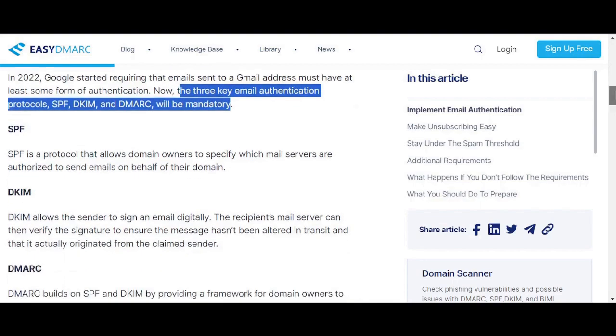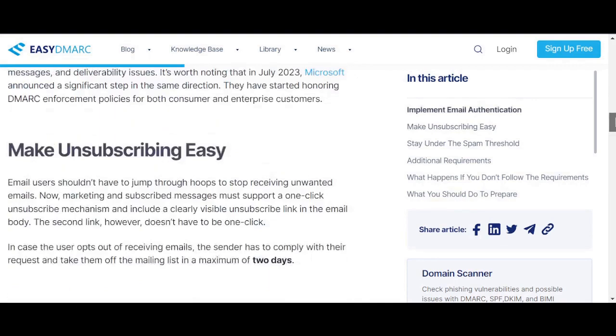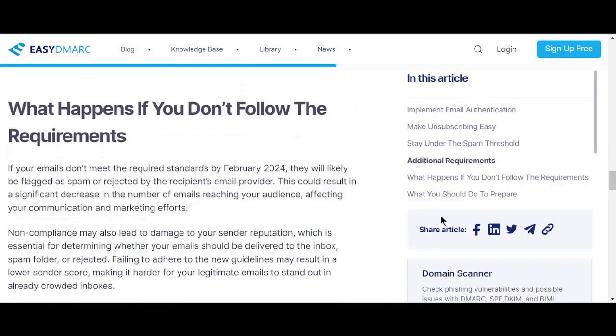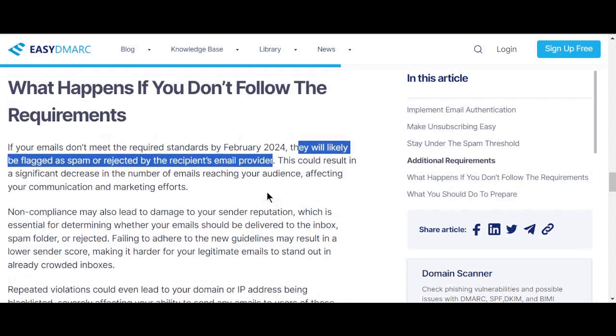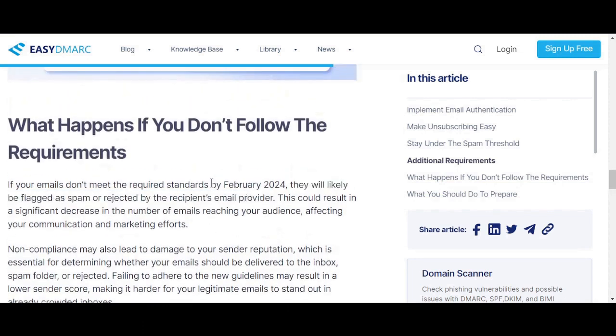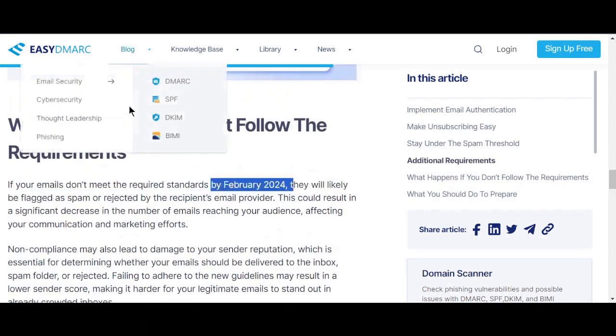And if you don't have them set up, they will likely be flagged as spam or rejected, which means bounced. So they might go to spam, or they might not even go through if you don't have all three of those set up after February 2024.